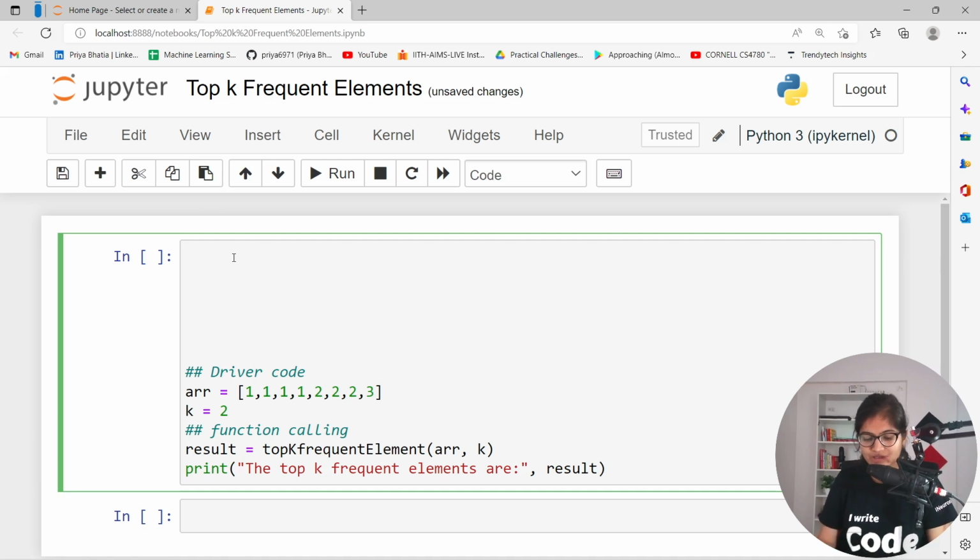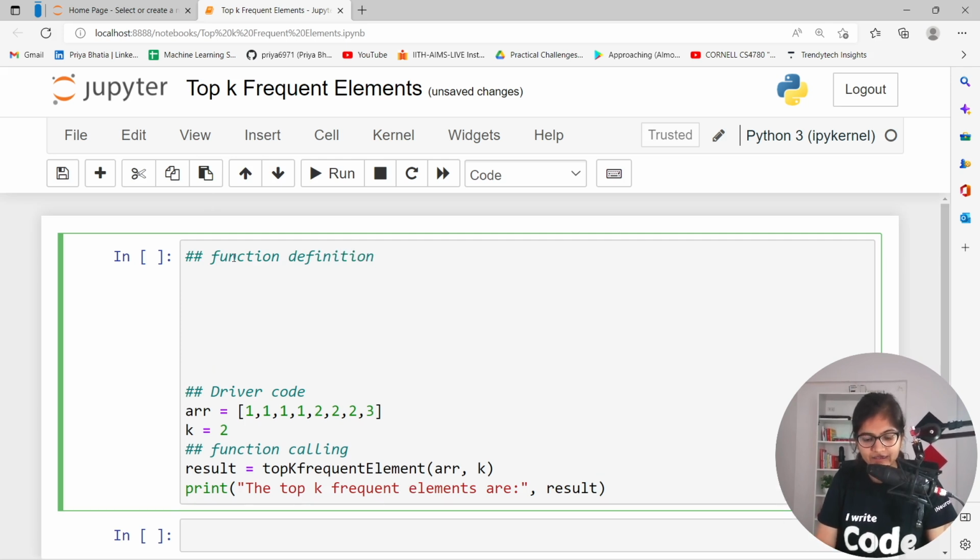Now I can simply write the function definition here, and define the method that we have created, right? So I can just copy this here.